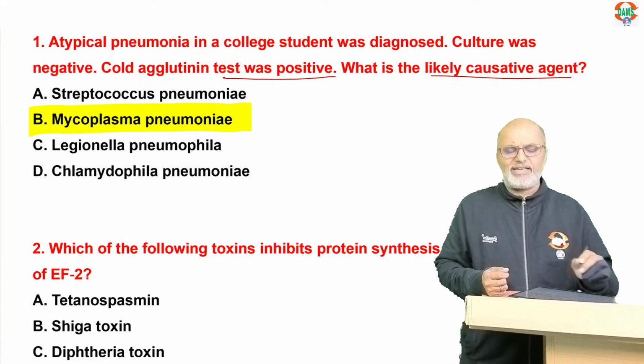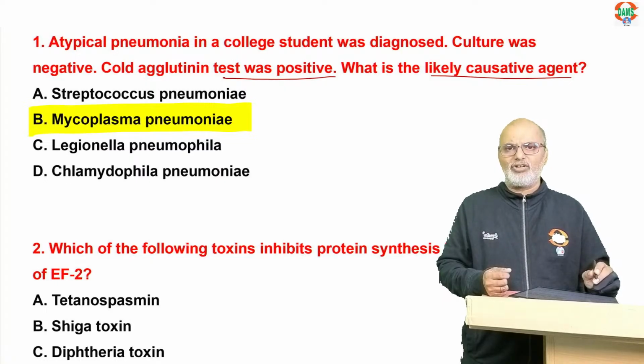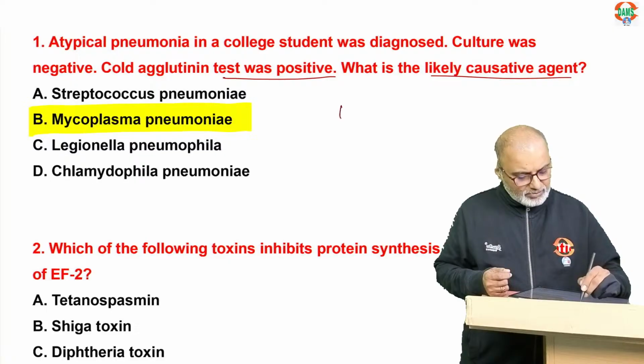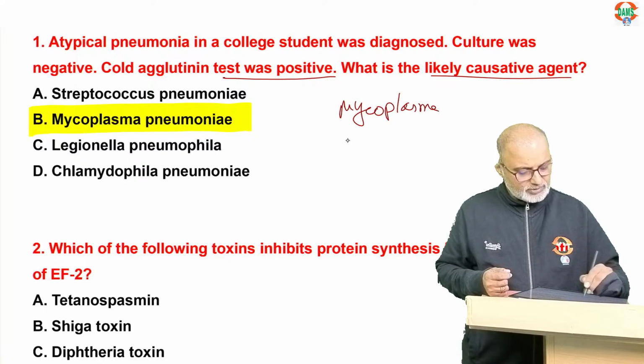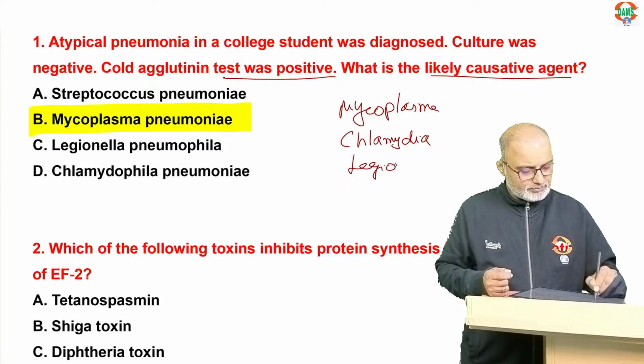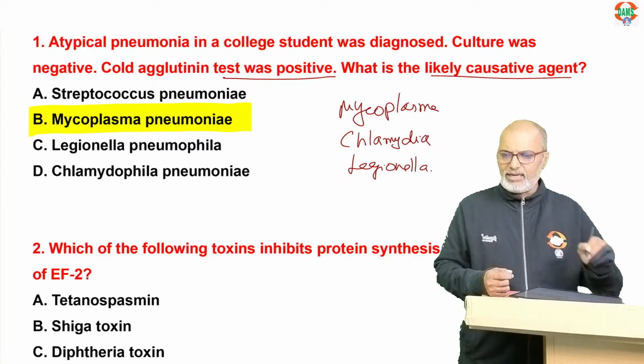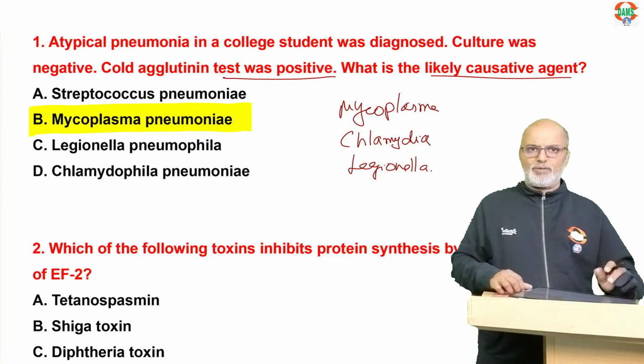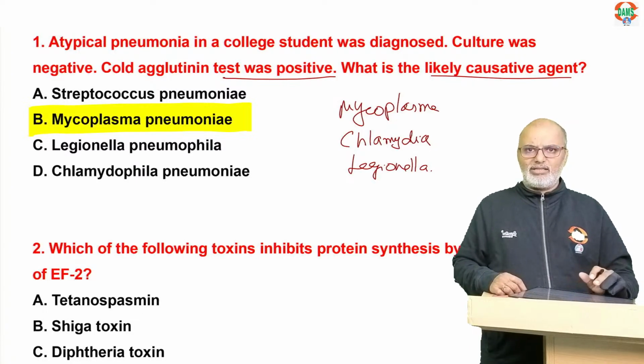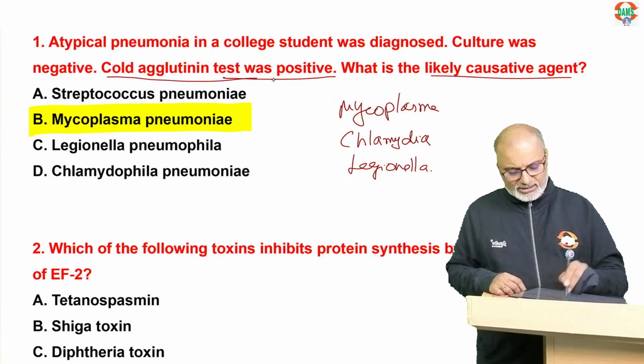Usually culture negative pneumonia. We call it atypical pneumonia. It is caused by Mycoplasma, Chlamydia pneumoniae and Legionella.